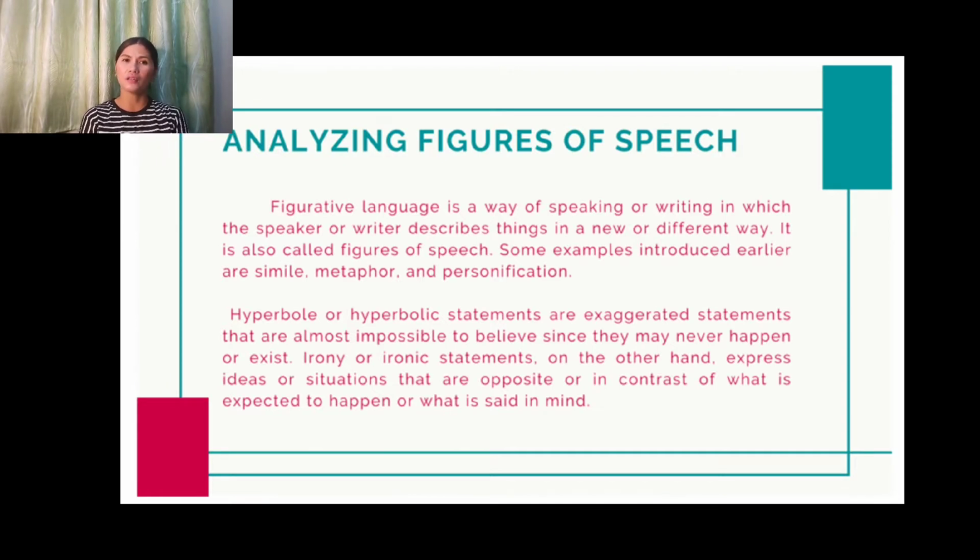How about irony? Irony, or an ironic statement, on the other hand, expresses ideas or situations that are opposite or in contrast to what is expected to happen or what is said in mind.